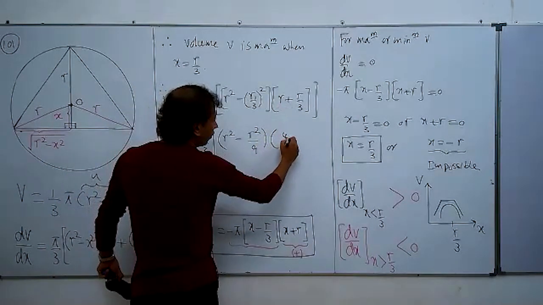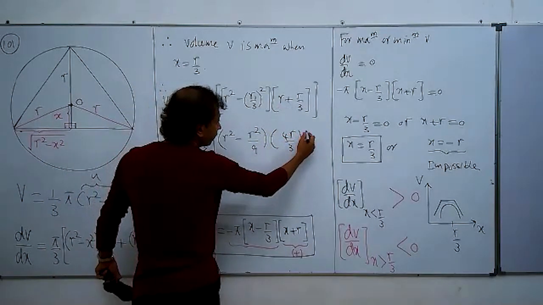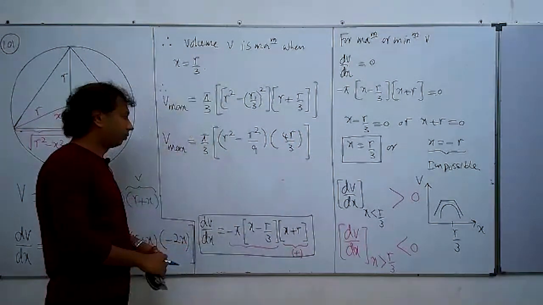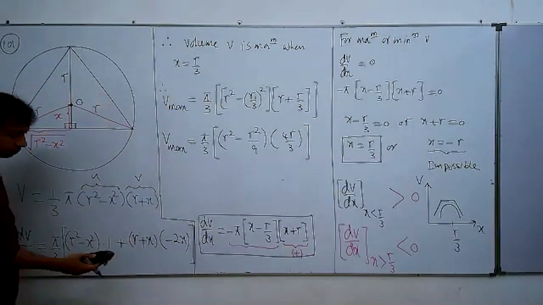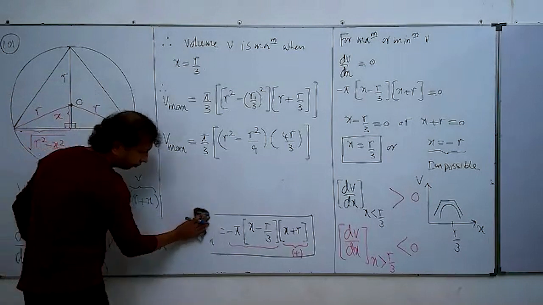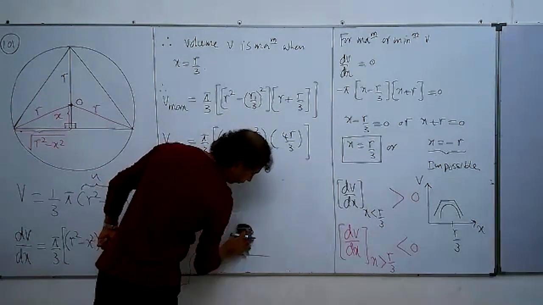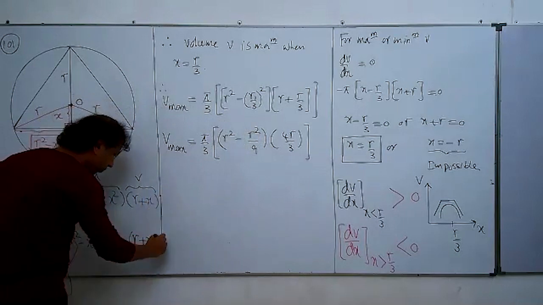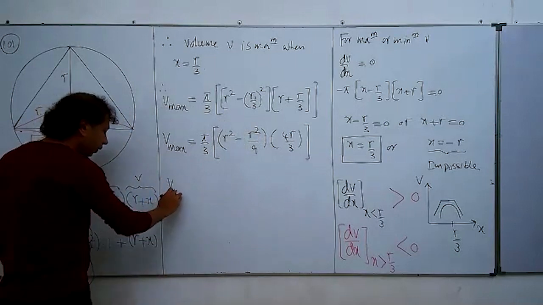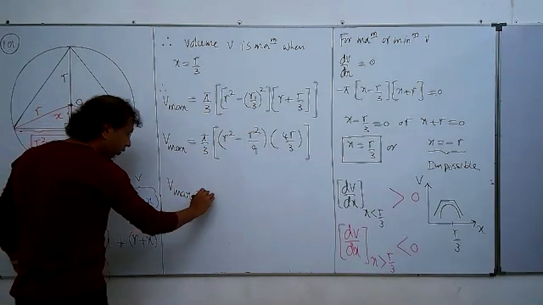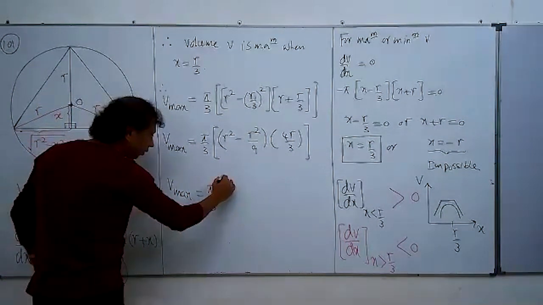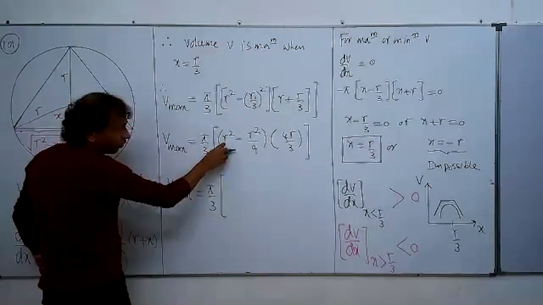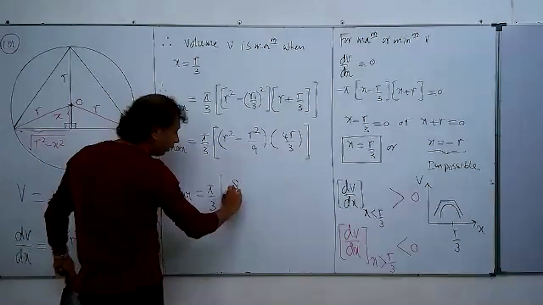Here we get 4r by 3. Here take the common denominator 9. 9r squared minus r squared is 8r squared.